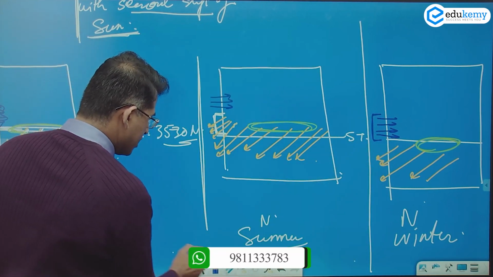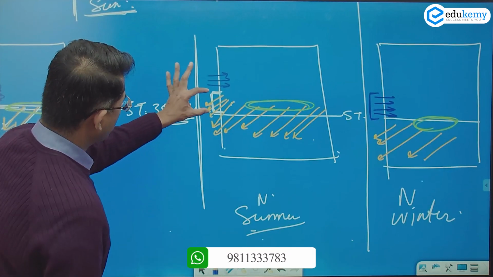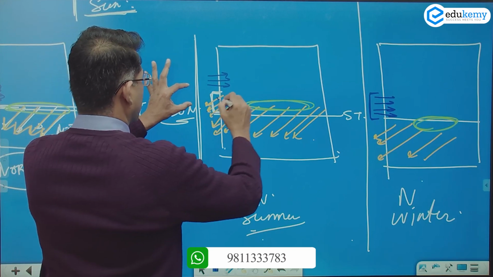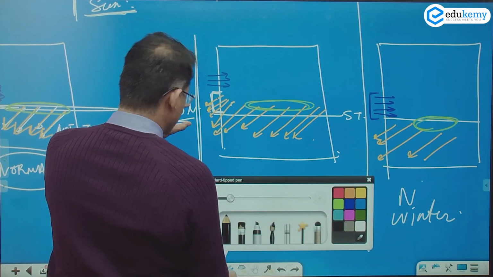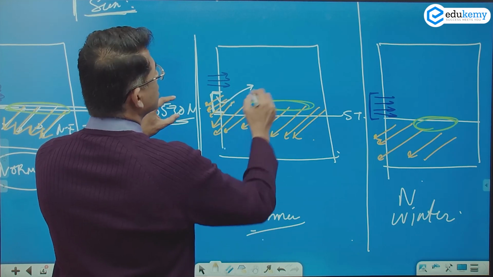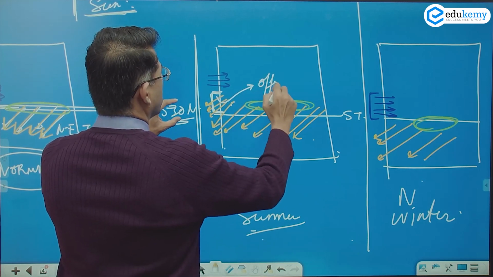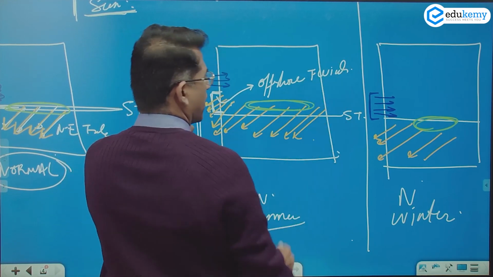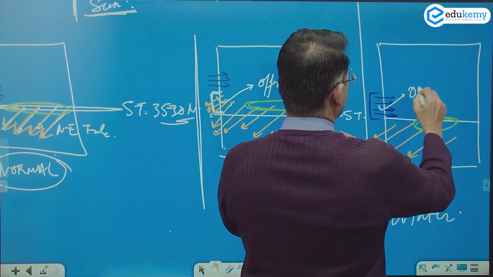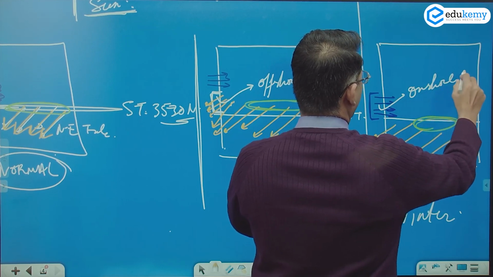So in northern summers, if you look at this part here, यहां पर क्या है? In the northern summers, this part has offshore trade winds. यहां पर क्या है? This is onshore westerlies.